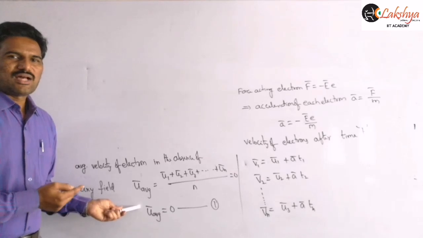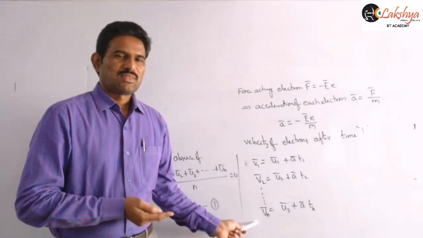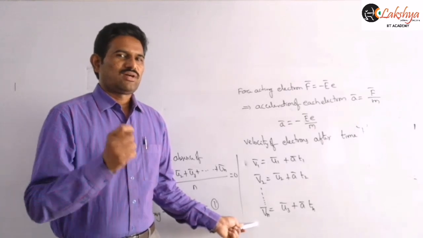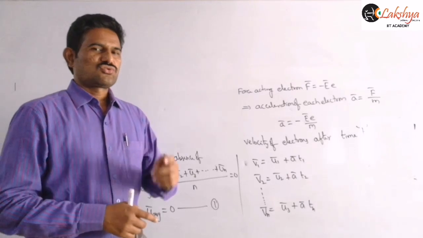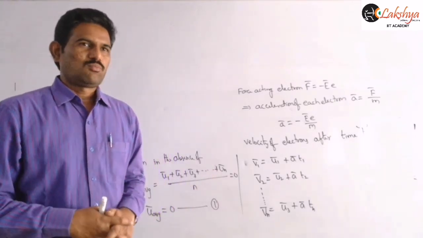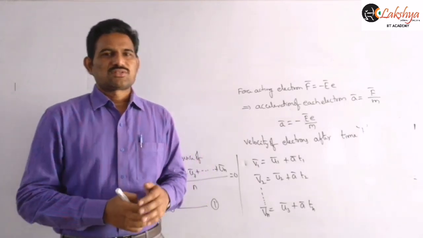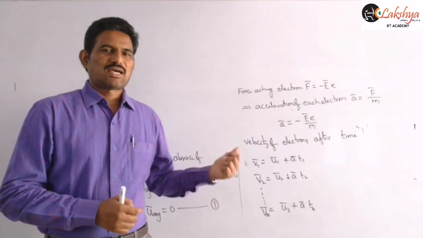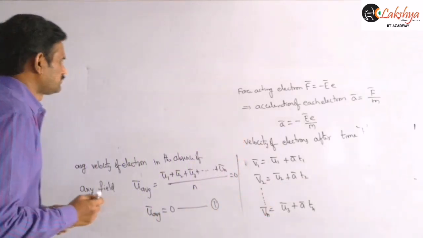Now the drift velocity is the average velocity of all these electrons in the presence of an external electric field. You should remember, it is the average velocity of all the electrons. In some books it is mentioned as the average velocity of one electron, which is not true. The drift velocity is the average velocity of all the electrons in the presence of electric field.